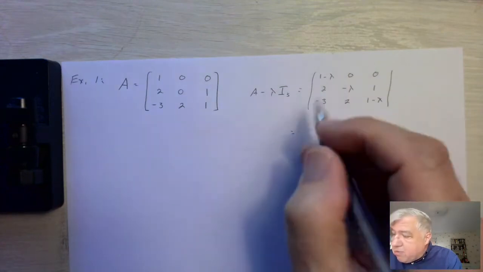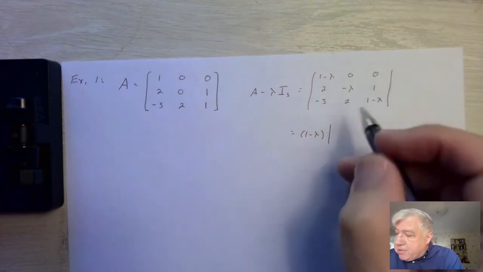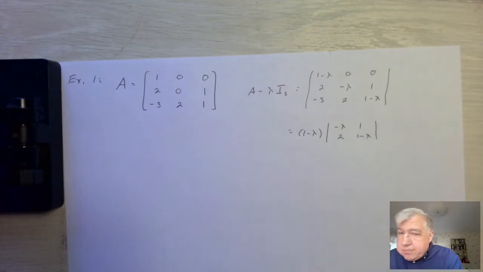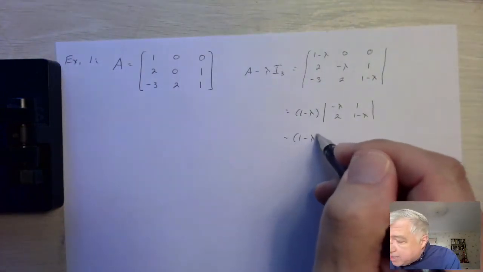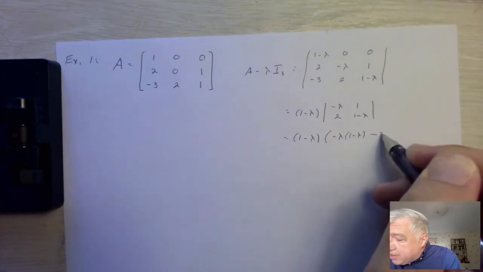This will just be 1 minus lambda times the determinant of this 2 by 2 matrix, which when we multiply this out is 1 minus lambda, 1 minus lambda minus 2.